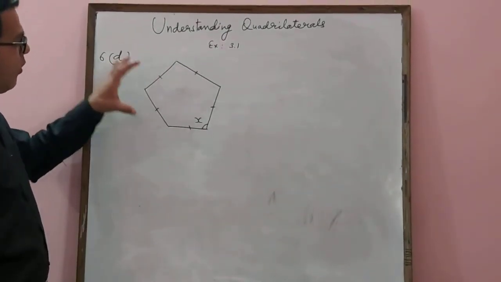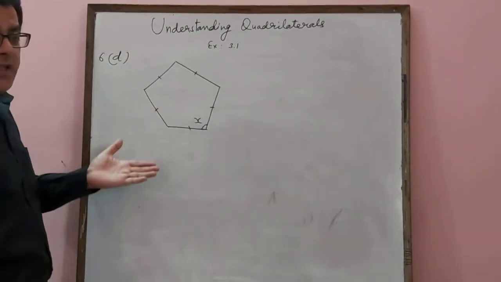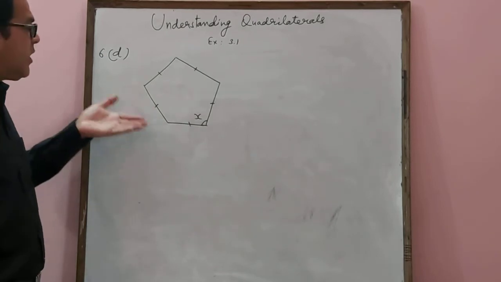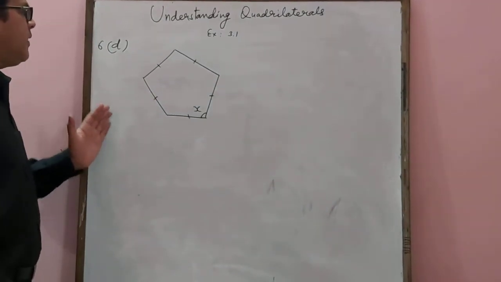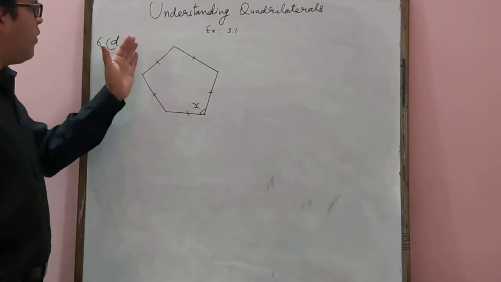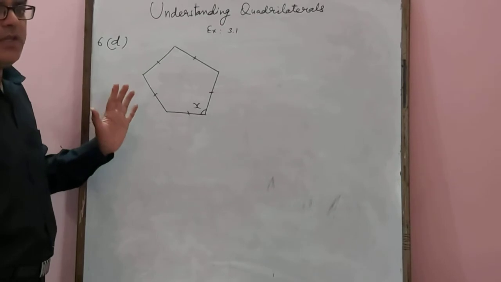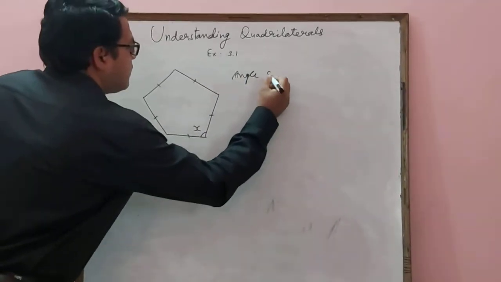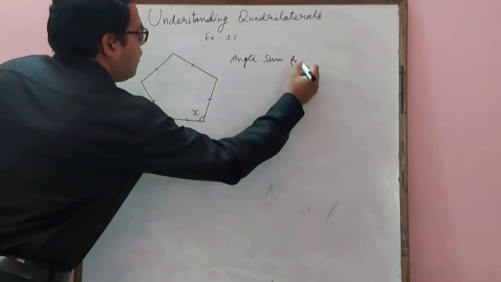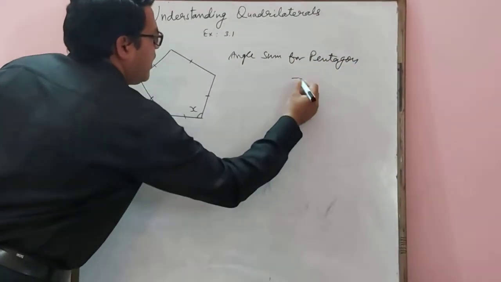Since it is regular, meaning all sides are the same, therefore all angles will also be the same. And just before, in the previous question, we have already calculated the angle sum for the pentagon. Since it is 5 sided, the angle sum for a pentagon is 540.